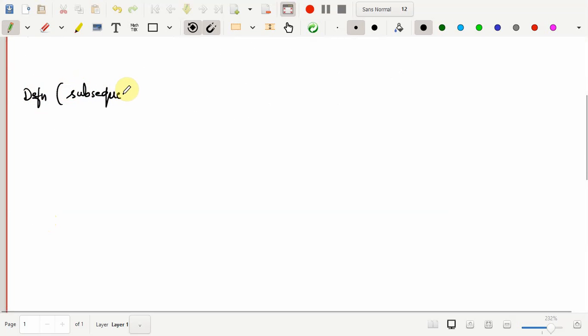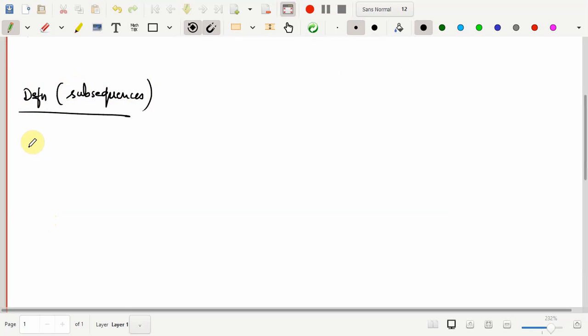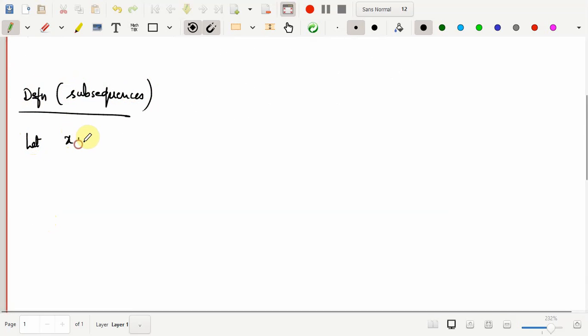Definition of subsequences. Let x from N to R be a sequence.